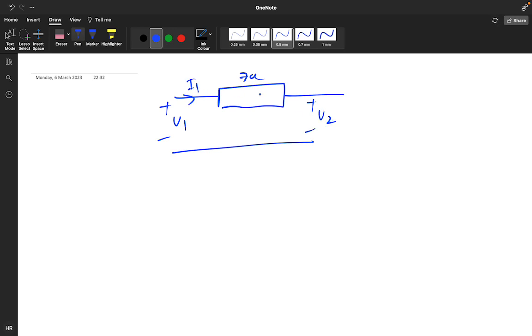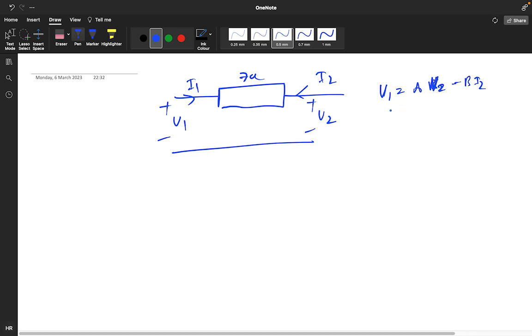This is your I1 current and I2 current. The ABCD parameter general equation is V1 is equal to A V2 minus B I2, I1 is equal to C V2 minus D I2.